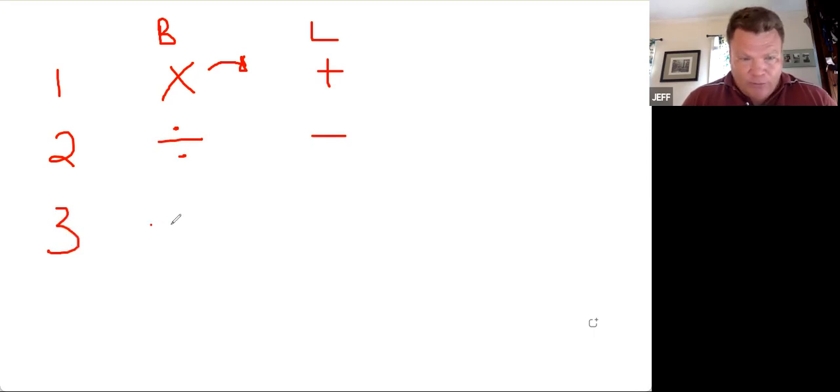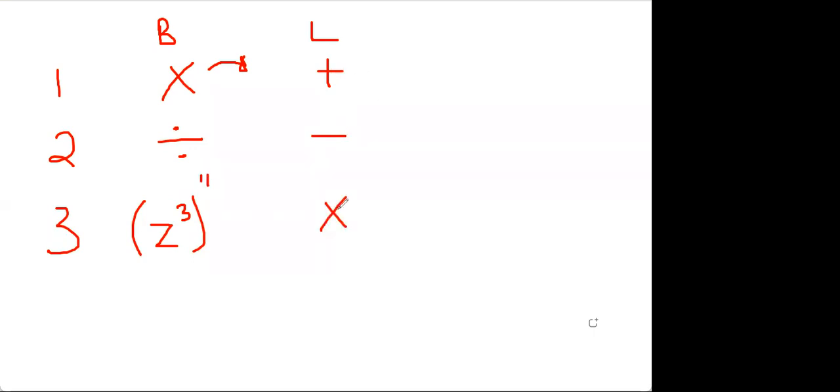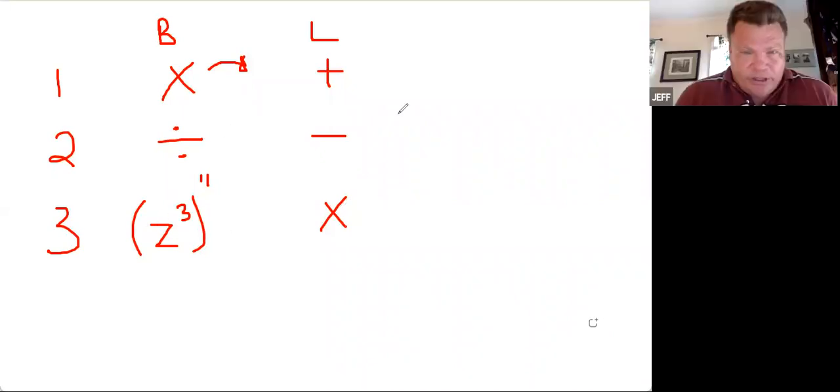If it's power of a power, then we multiply. Power of a power, we multiply. That would be, but that's x for multiply. So this would be z to the 33rd.